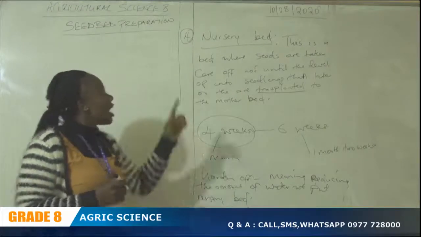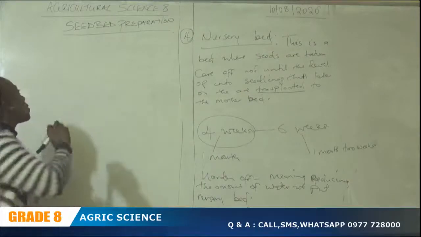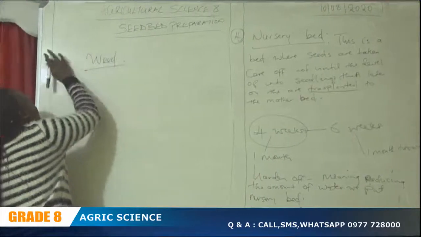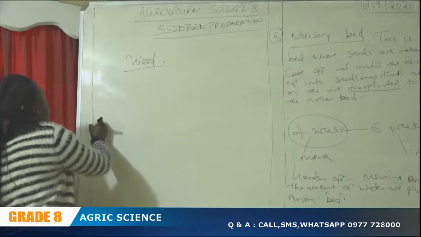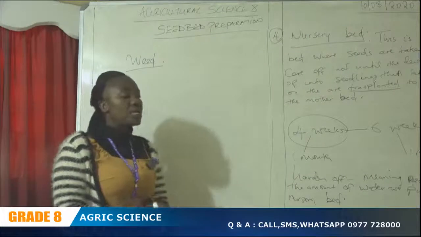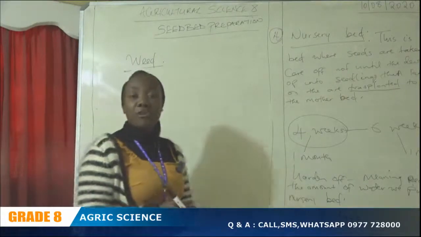Okay? So after learning on the preparations of the seedlings, let us go to weeds. To weed. Okay. So what is a weed? Can anyone define a weed for me?